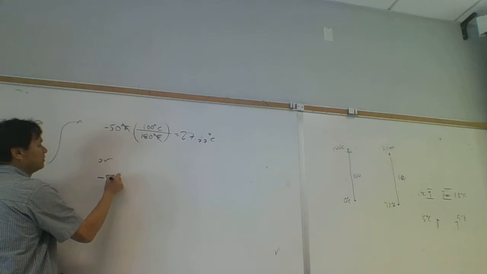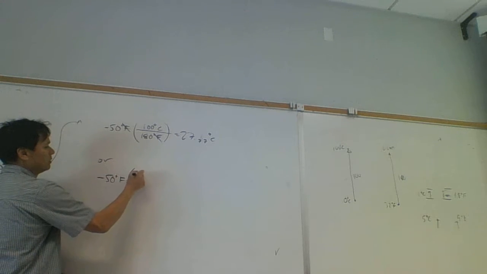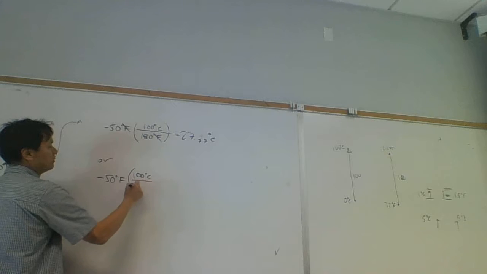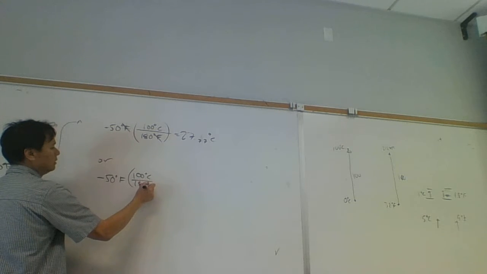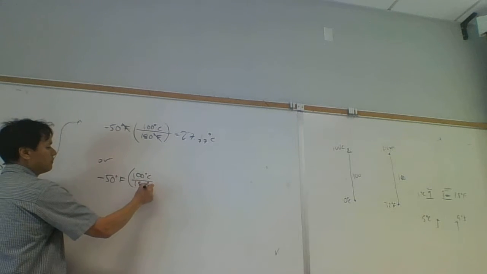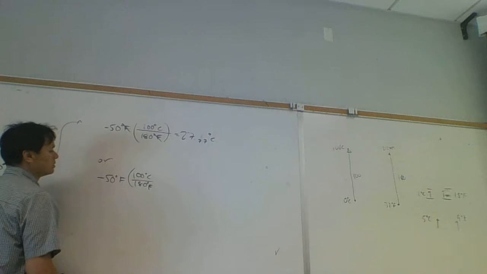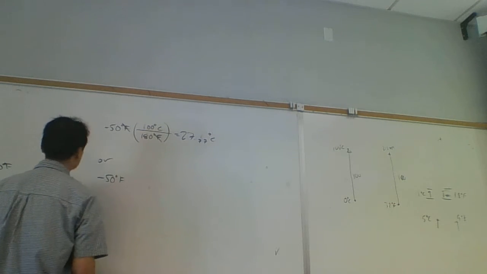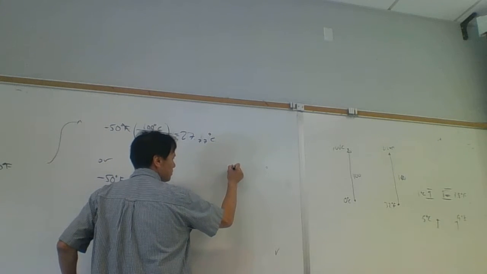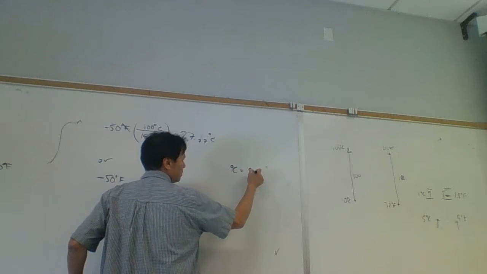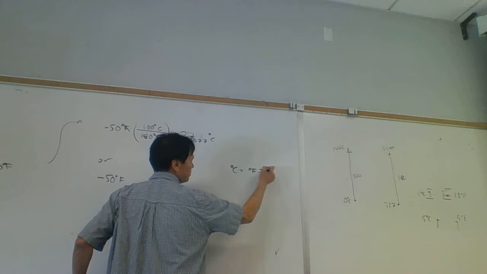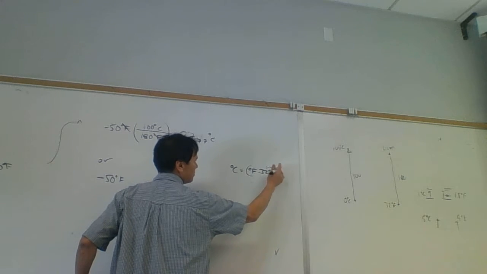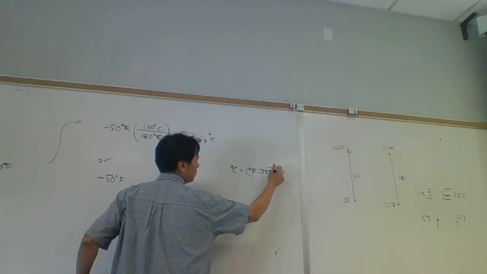Or, if I did this algebraically, I need to solve this equation for degrees Celsius. And so this would be degrees C is equal to degrees Fahrenheit minus 32 degrees times 5/9, or times 100 over 180.